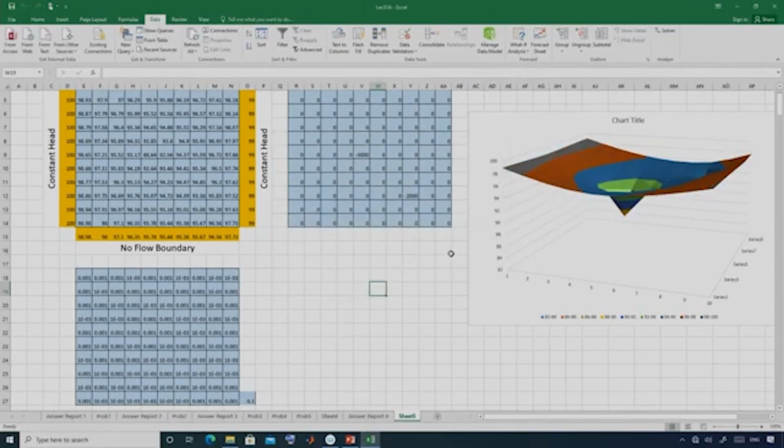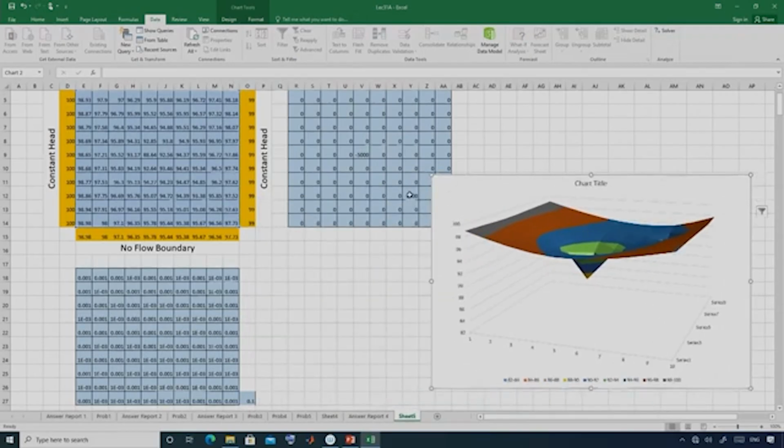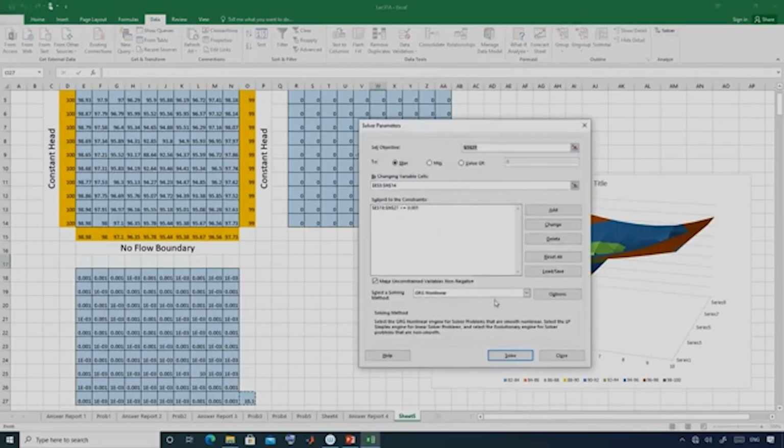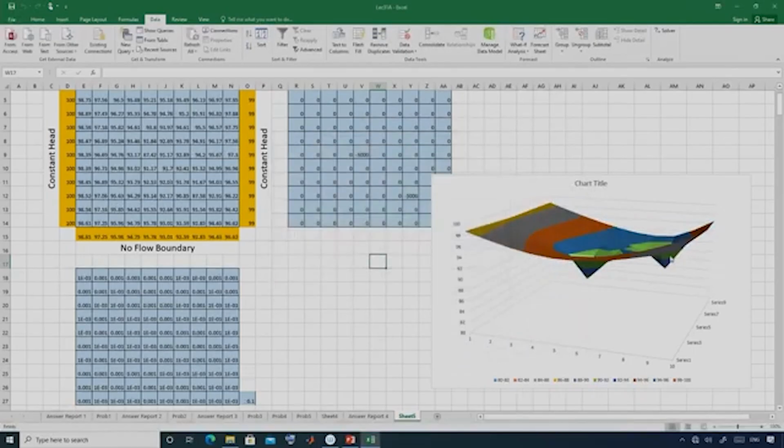I should get another cone of depression here. Maybe you can increase these things, so minus 5000, and just solve it. You just see you are getting 2 cones of depression. So, that means I am getting the solution, and this problem I have solved using Excel solver.